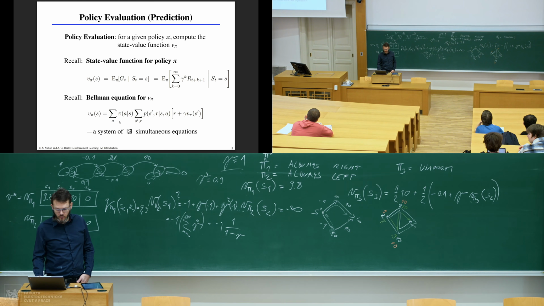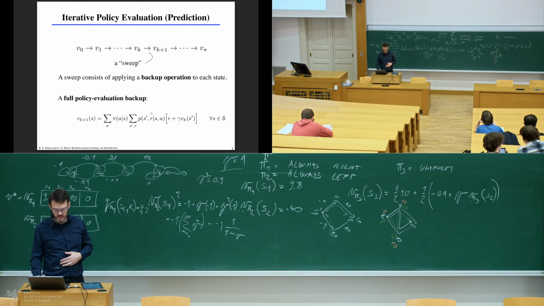And we will do it iteratively. We will just apply this Bellman equation as an update operator on the value function, and we will see what happens, right? So we'll do a so-called sweep. We'll take the value function as it is, and then we will apply these operators.